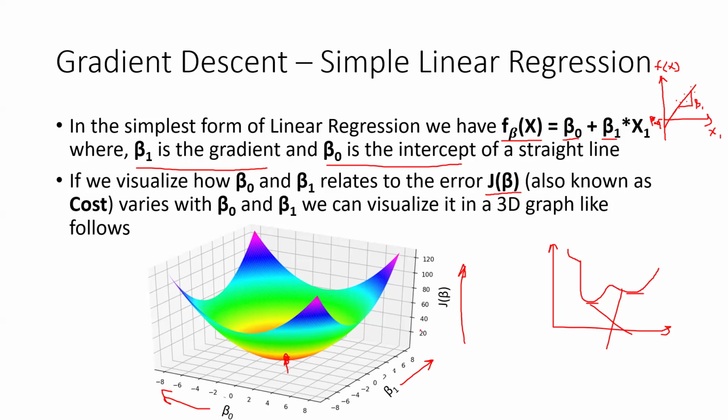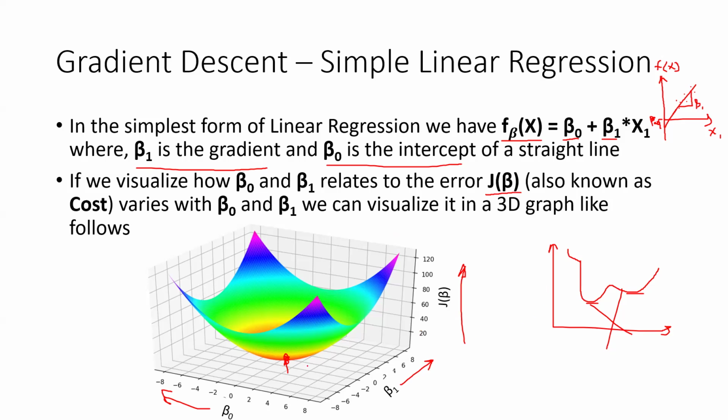This is just an example. You can use gradient descent for other algorithms as well, but because we have learned about simple linear regression, here we are learning how to use gradient descent to solve the linear regression problem, right?